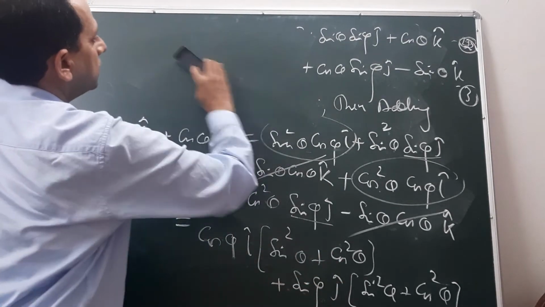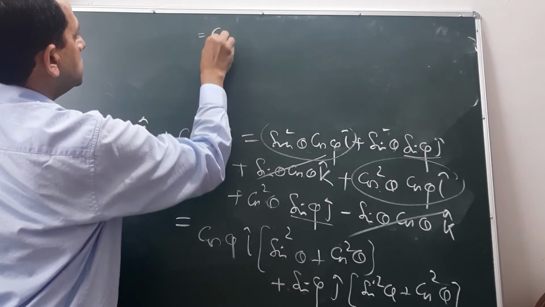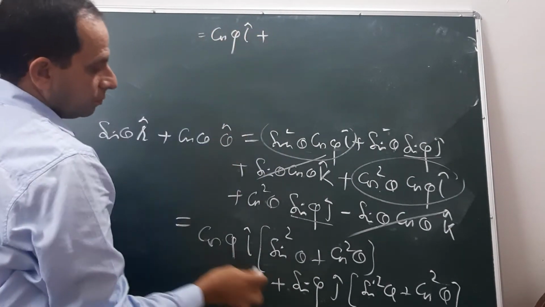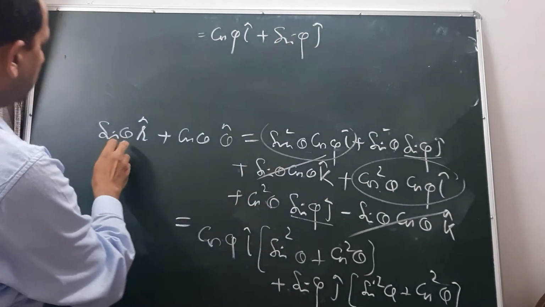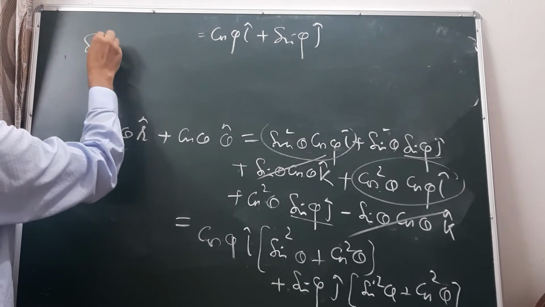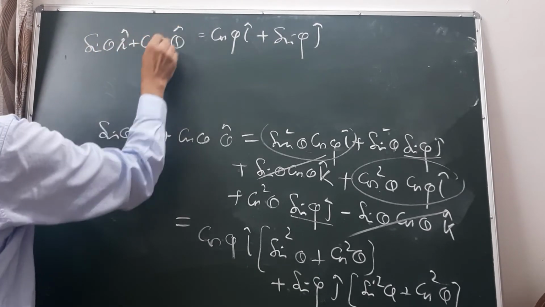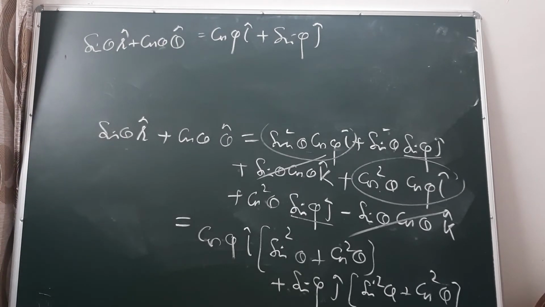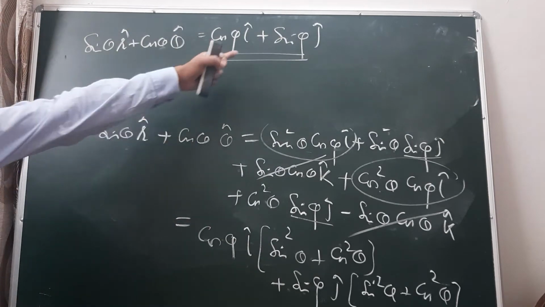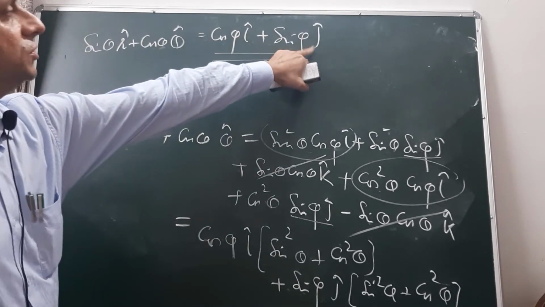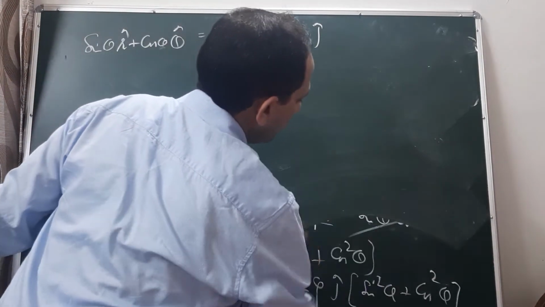On the right hand side it will be cos phi i plus sin phi j, and on the left hand side it is sin theta r cap plus cos theta theta cap. Now, put this value, cos phi i plus sin phi j, in equation number 1. What is equation number 1?